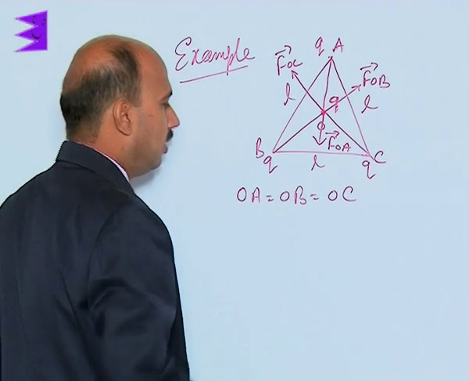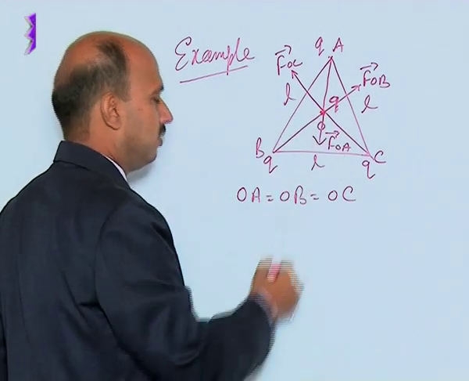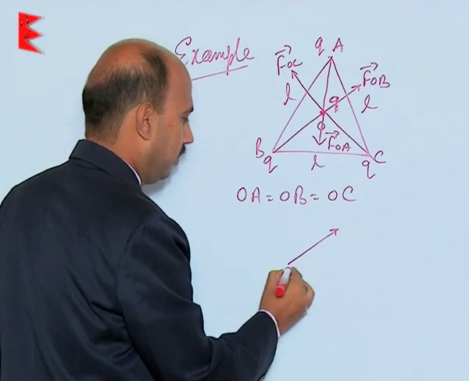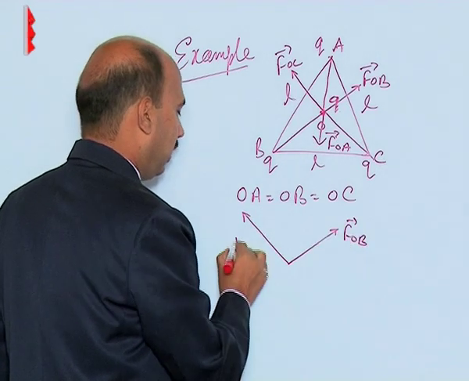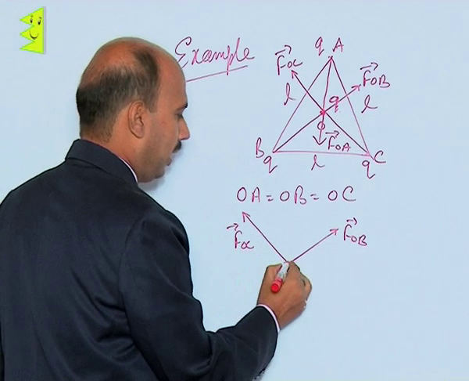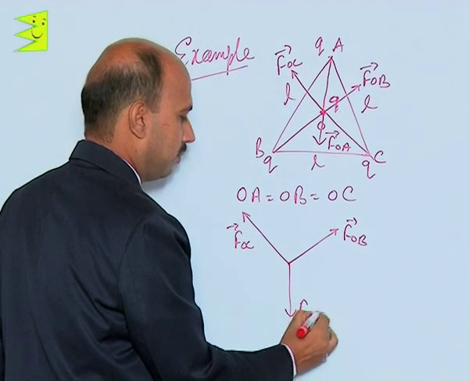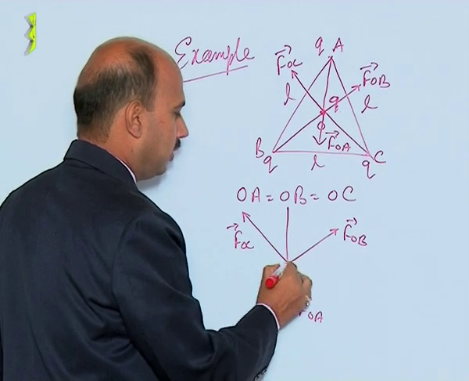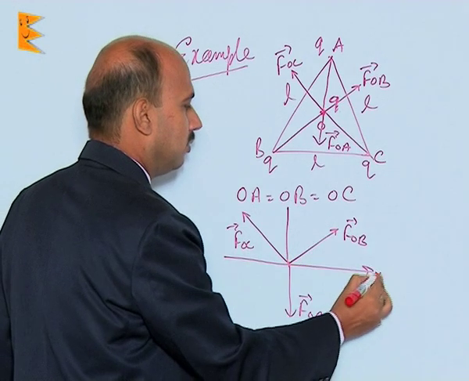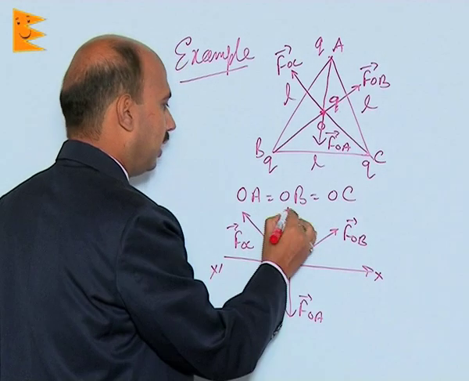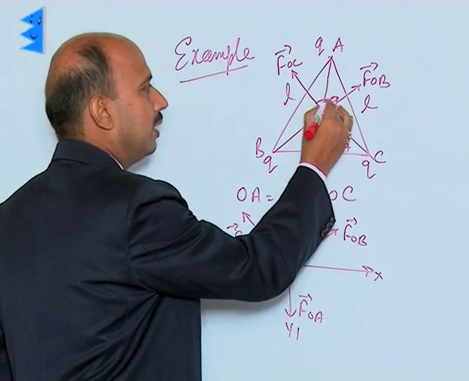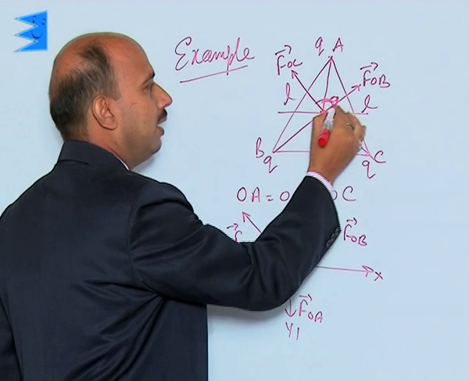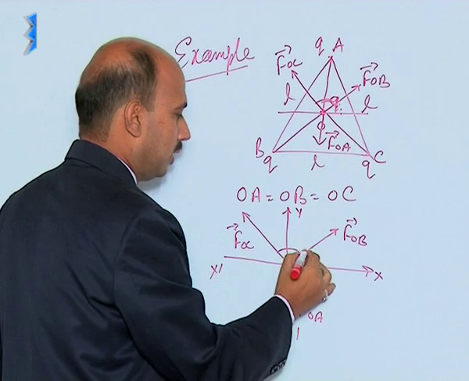So I am making this diagram in this way. Here I have taken FOB, here FOC and here is FOA. Suppose this is taken x and y axis, x dash and y dash. This angle is 120 degree. So when we make this, this angle will be coming 30.